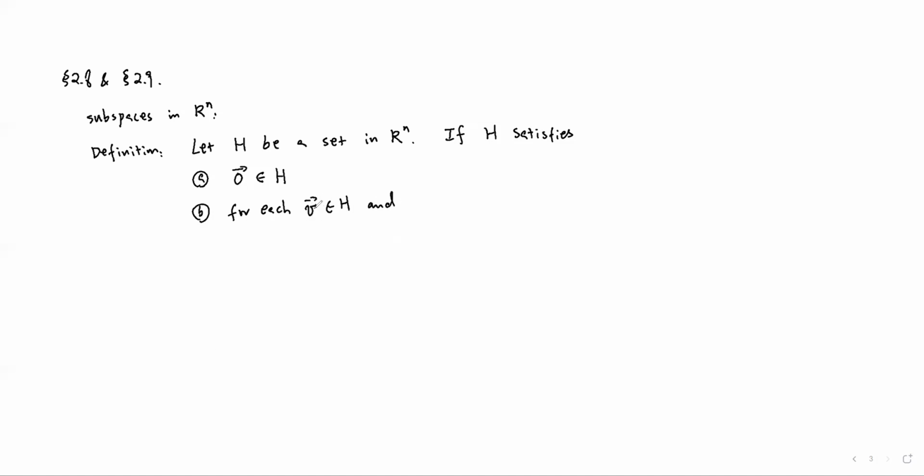For u from H and v from H, then u plus v should still be in H. This property is called H is closed under vector addition.